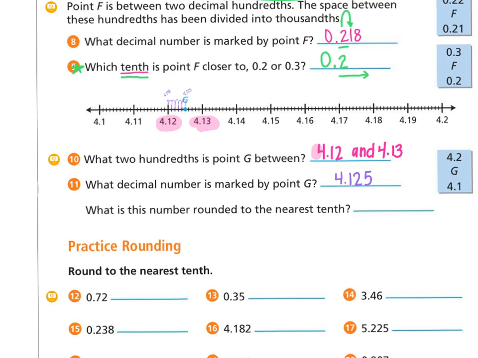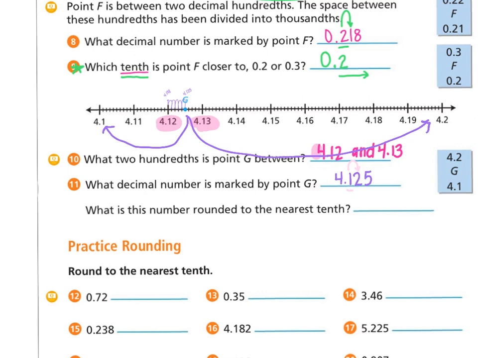I can tell by looking at my number line that G is closer to 4 and 1/10. It's further from 4 and 2/10. Let's use our nifty little trick, our little rhyme, to see if we can also get the same number. Underline the digit, look next door.